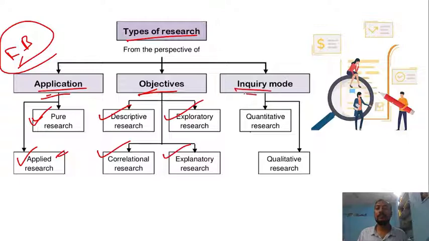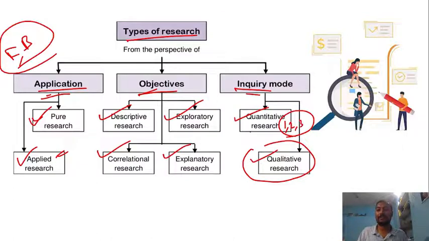Next is inquiry mode, the mode of searching, like quantitative and qualitative. Quantity means something in numbers, like 1, 2, 3: how much your company sales, profit, loss or turnover is. All these are called quantity. Quality means how you are, I am good, he is good, very good.